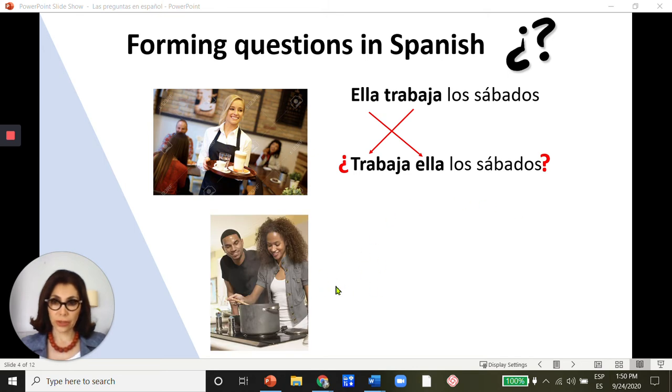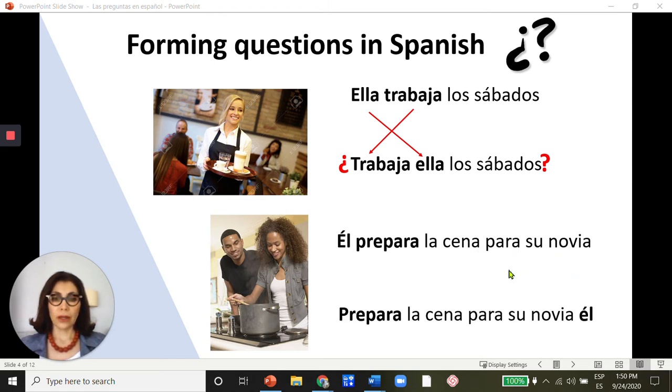Let's see another example. Él prepara la cena para su novia. Turn this into a question by changing the order again. So the verb comes at the beginning of the question, right? ¿Prepara la cena para su novia él?